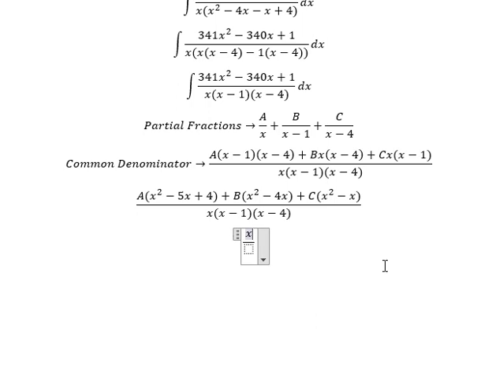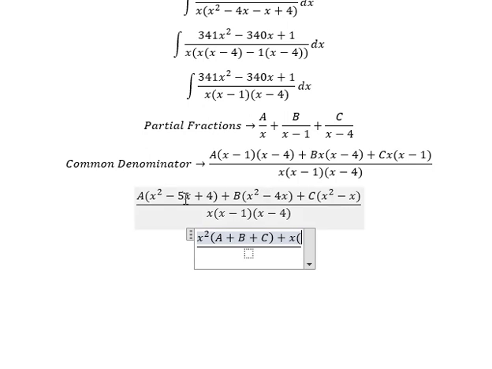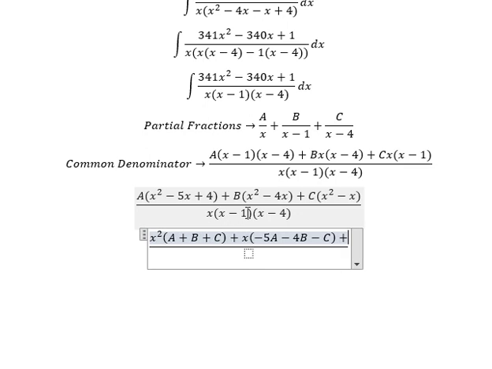About s square, we have A, B, C. About s, we have negative number 5 with A, negative number 4 with B, and negative number 1 with C. About the numbers, we have 4A.